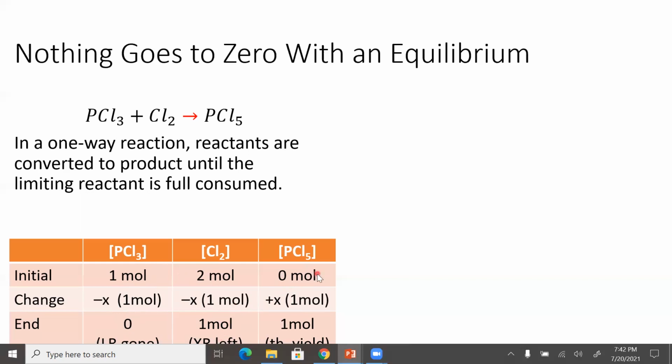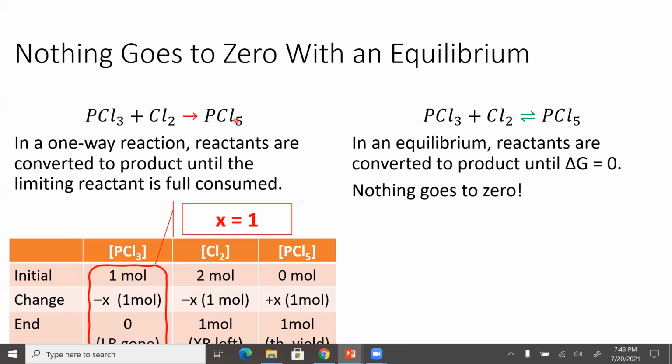And we had no PCl5, but 1 mole is produced, so we end up with 1 mole as our theoretical yield. And again, it's a 1 to 1 to 1 ratio because of the balanced equation.